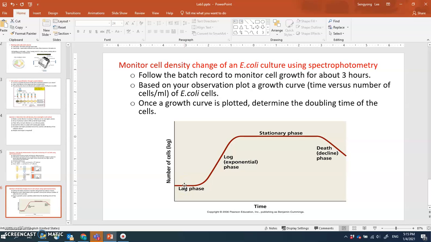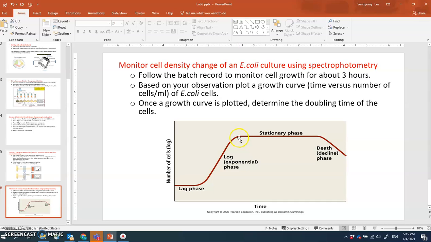In a new environment, they don't utilize the nutrients right away. It takes time to get adapted and to reach their maximum physiology by expressing needed genes. After they have made enough enzymes, they start to double, going through the cell division cycle. So there is a lag phase initially, and then the log phase is the exponential growth phase where cells continuously double.